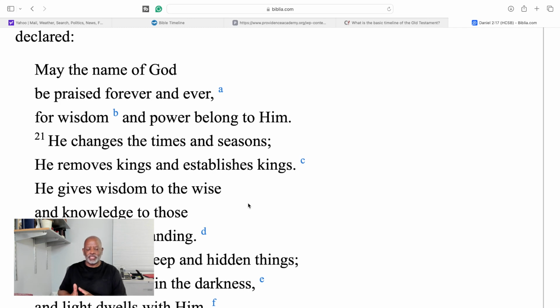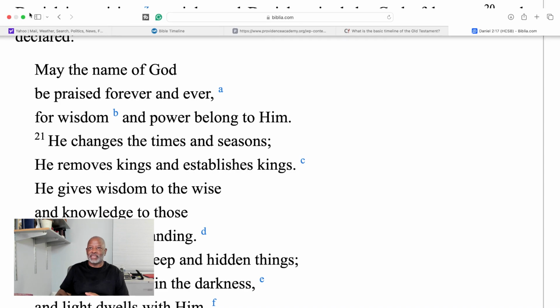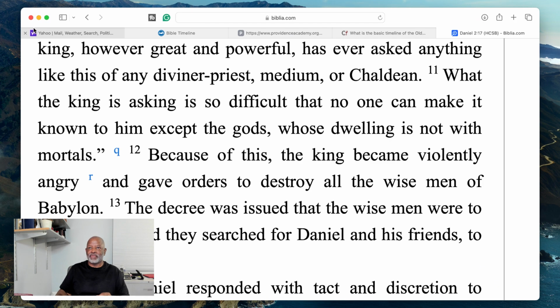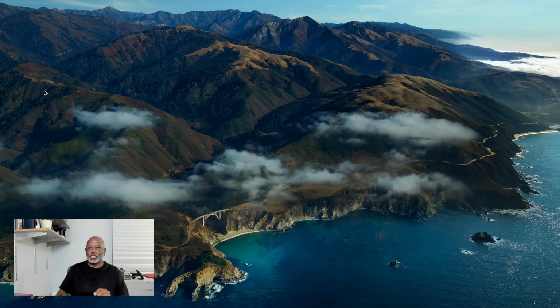I'm going to come back to this thought, this revelation here, that God is very much in control. I want you to think about that. God is very much in control. We oftentimes think that God is kind of somewhere off. I believe they call this deism or something like that, if I'm not mistaken.